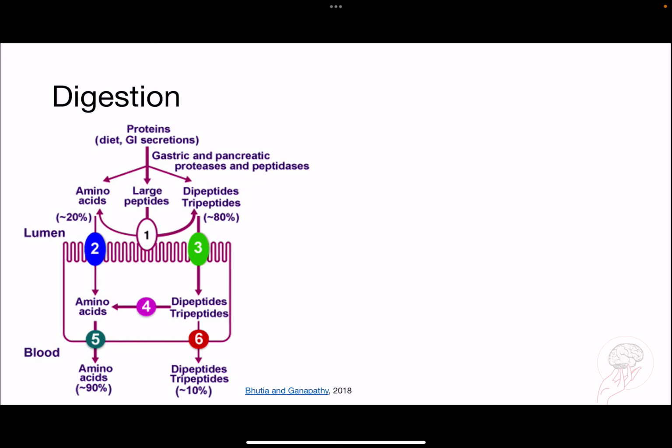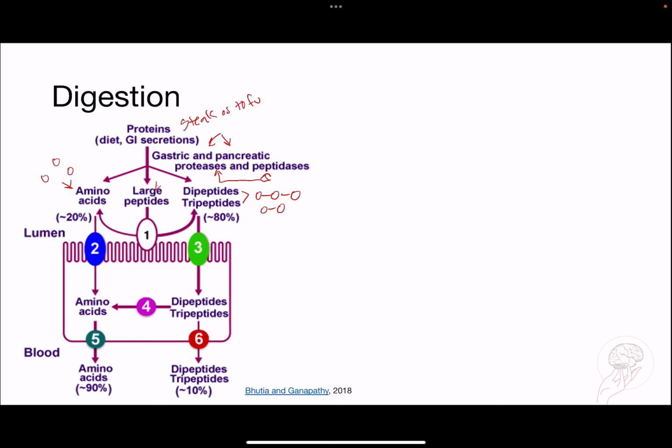So say we eat a steak or tofu steak, and we chew it up. It gets to our stomach. We get gastric secretions, including gastric and pancreatic proteases and peptidases. And then our proteins are broken down primarily into di and tripeptides, meaning a group of either 2 or 3, or single amino acids.